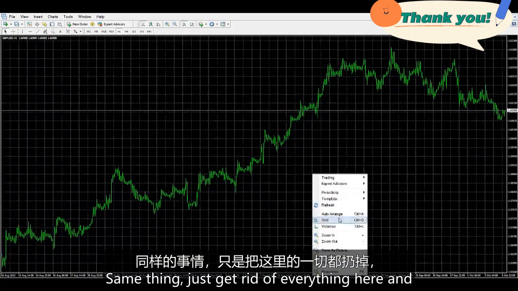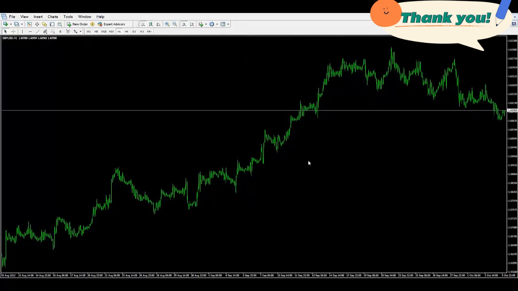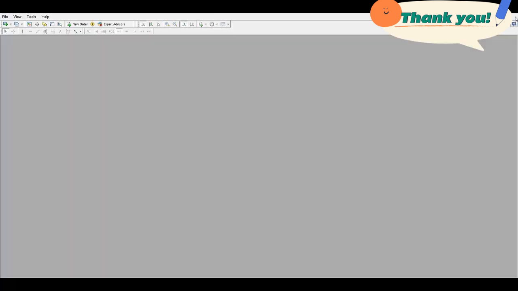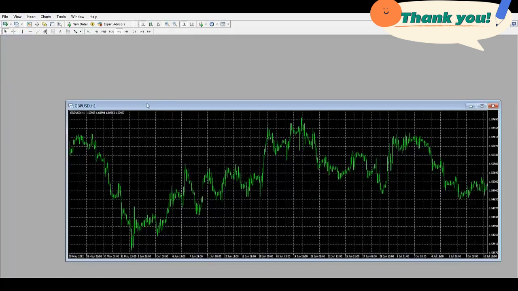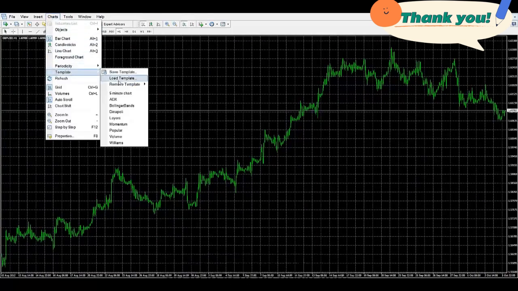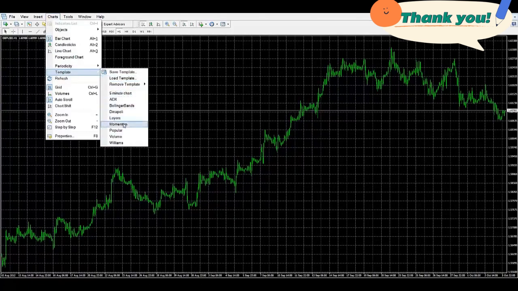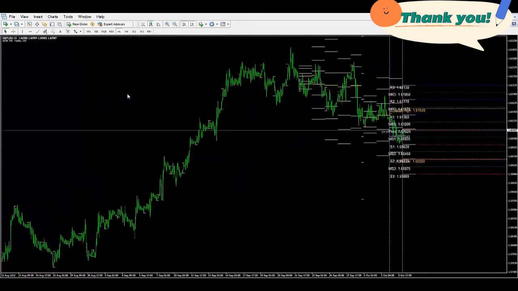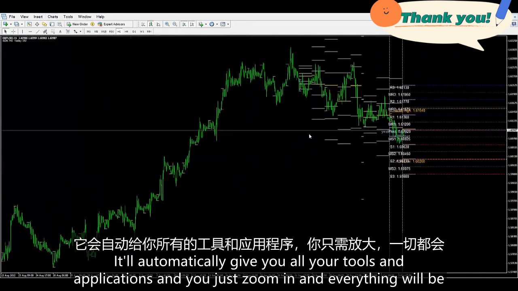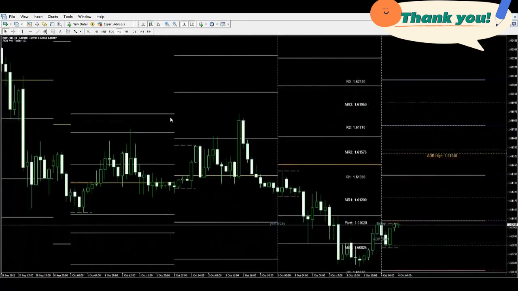Same thing, just get rid of everything here and walk through and put all the indicators on again and waste time doing that, or just simply open up a British pound chart, go up to your charts tab, go to templates, go to load, or go down here if you have very little like I do here, just click the 5-minute chart. It'll automatically give you all your tools and applications, and you just zoom in and everything will be as it should be for your trading day.